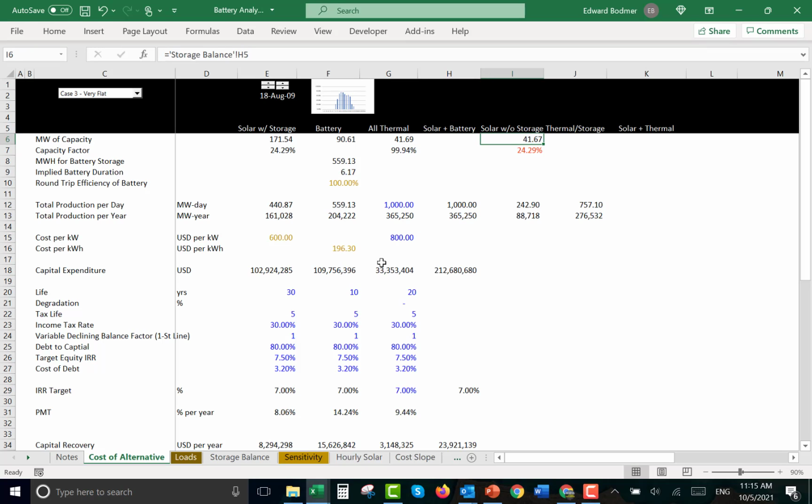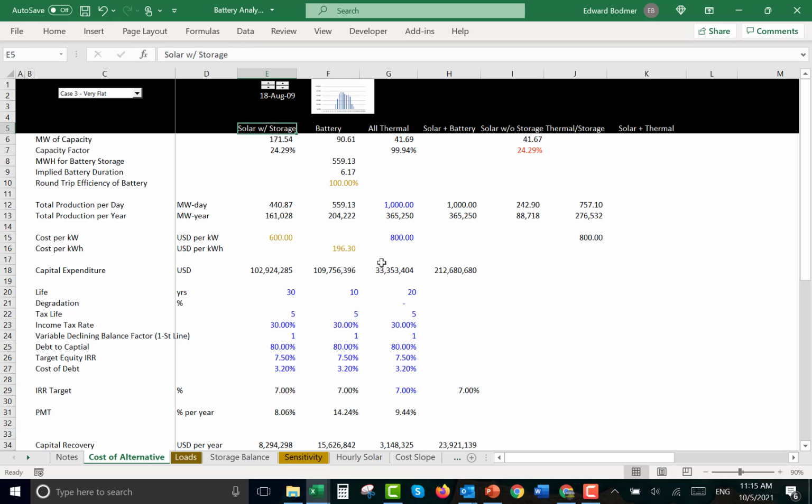Now, if we put the thermal with the storage, we still need the same amount of capacity. We still need to pay 800, and this time it's a little bit trickier. So this is our cost.